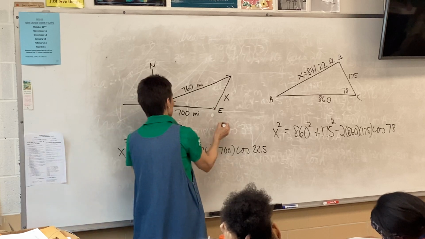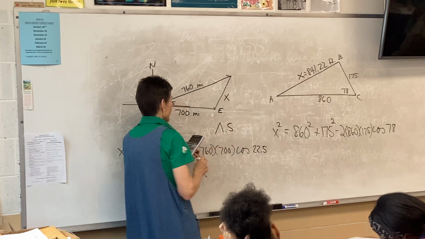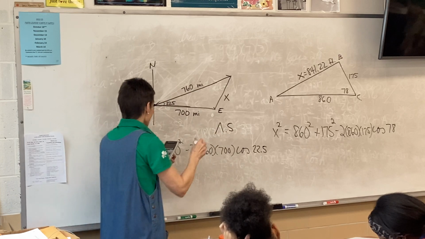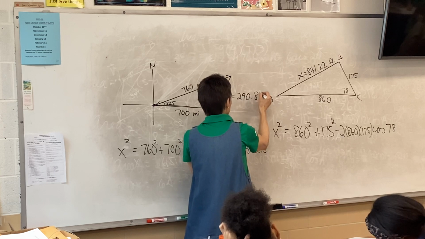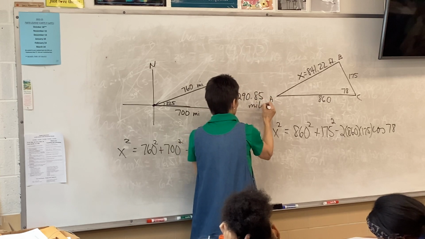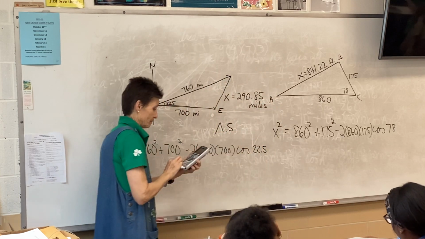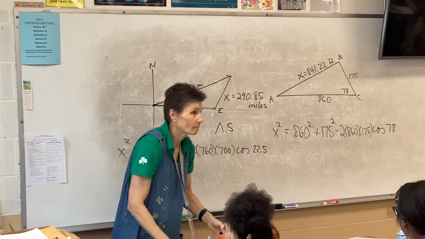Remember, the square root, you can either square root or you can just raise it to the 0.5 power. I got it at being 290.85 miles apart. There we go.